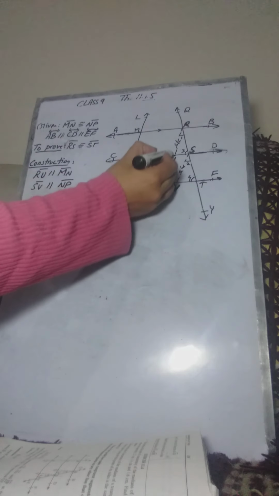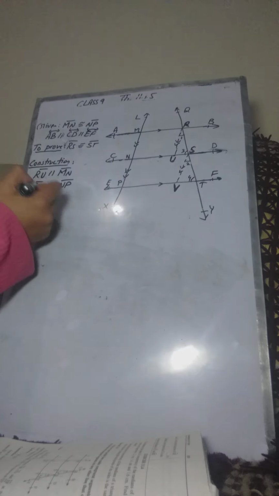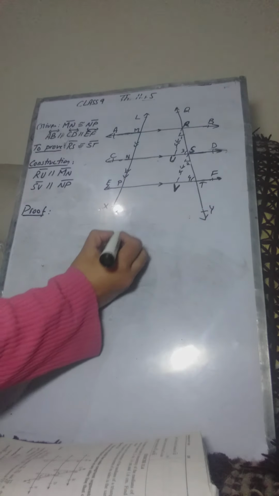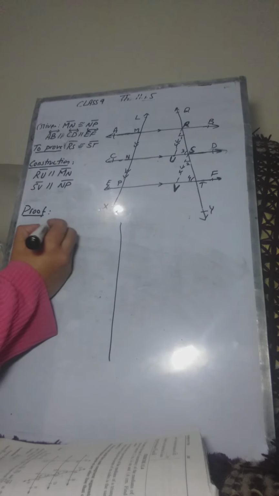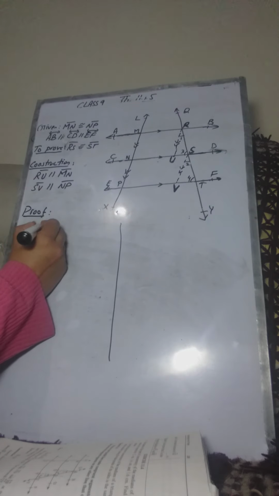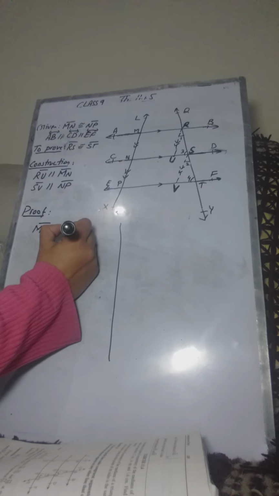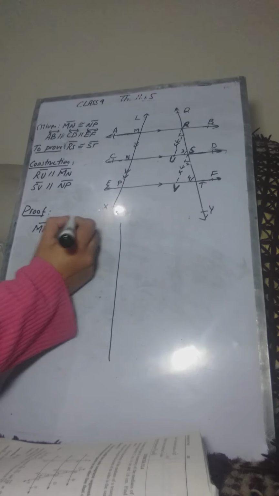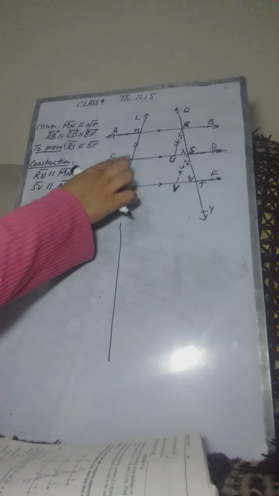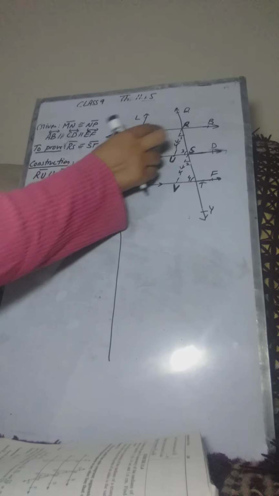Now we know that RU is parallel to MN, obviously from construction, and AB is parallel to CD, it was given to us. So let me write this: MR is parallel to NU. MR is parallel to NU because they are segments of these two lines which are parallel to one another.